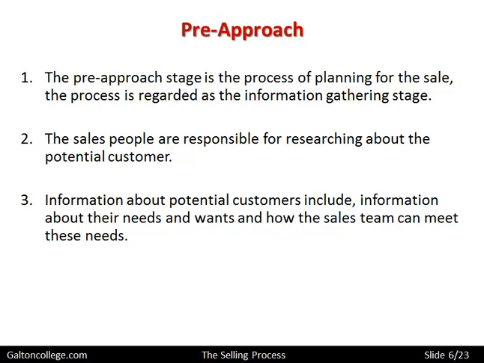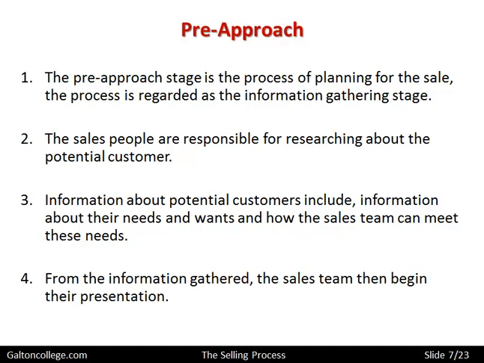Information about potential customers includes information about their needs and wants and how the sales team can meet these needs. So it's trying to find out what the customers want, and then matching their wants against the products or the services that are on sale, so that the customer's needs are satisfied.